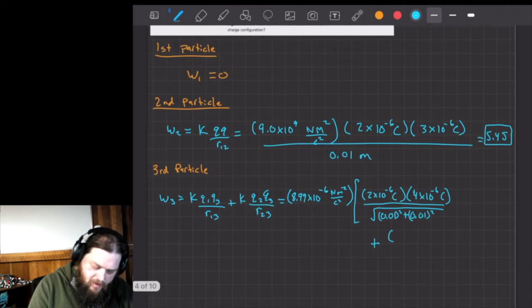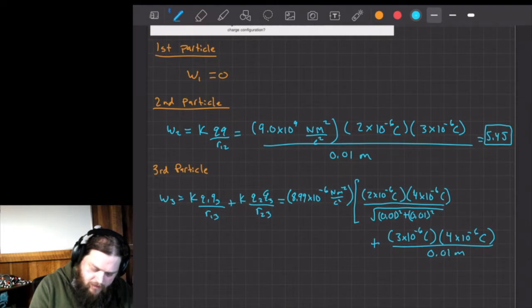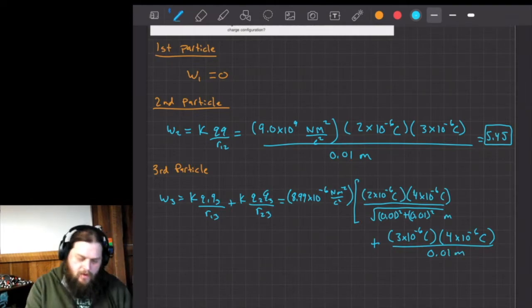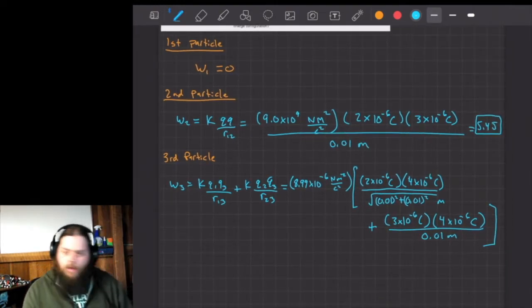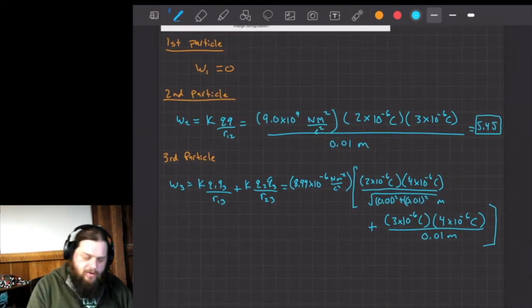So that's going to be 3 times 10 to the negative 6 coulombs times 4 times 10 to the negative 6 coulombs, divided by the distance there, which is just 1 centimeter. This is in meters. So that's what we need to add together to find the work to bring that third particle into position.